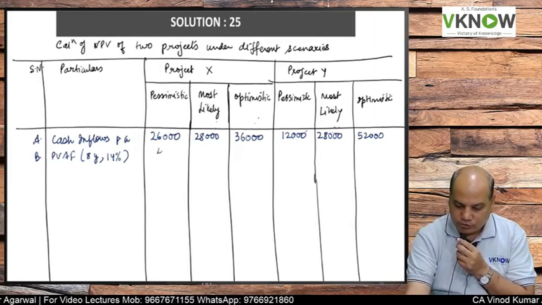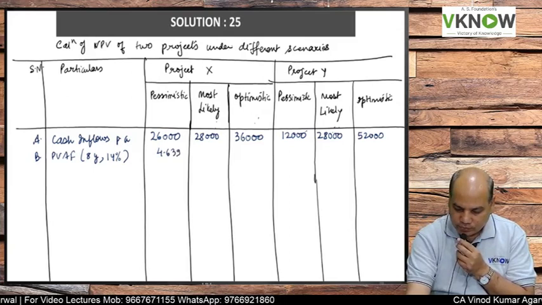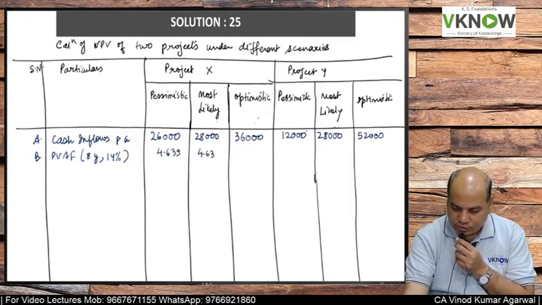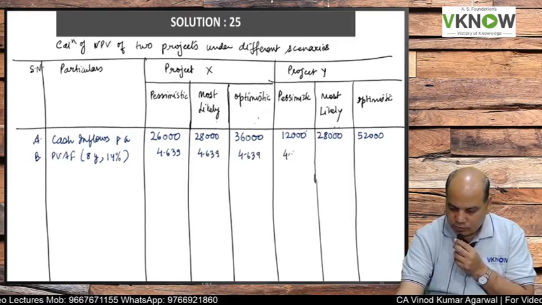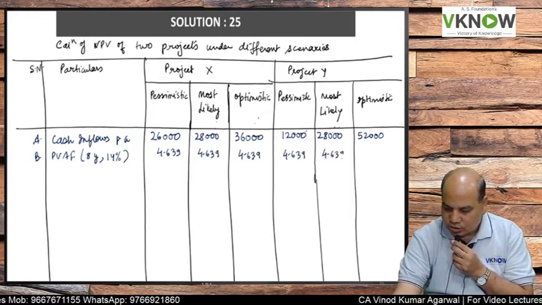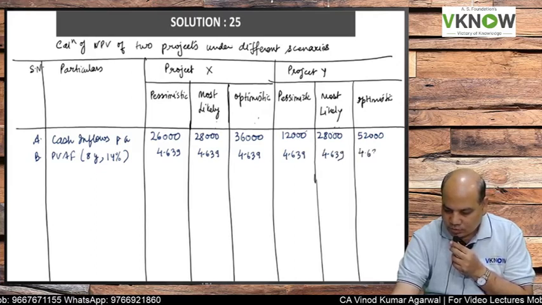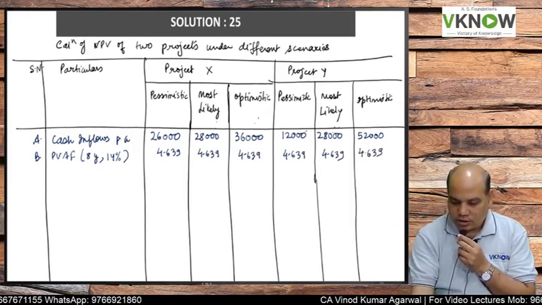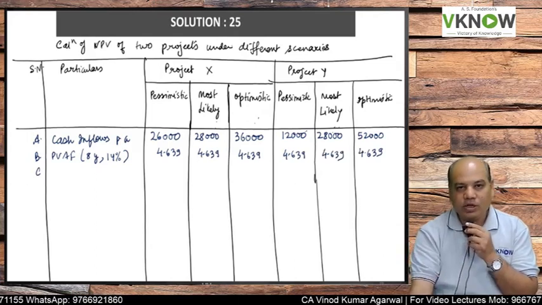Anybody for 4.639? Just add those 8 numbers. Now you don't apply extra intelligence, okay? Simply you have to add.